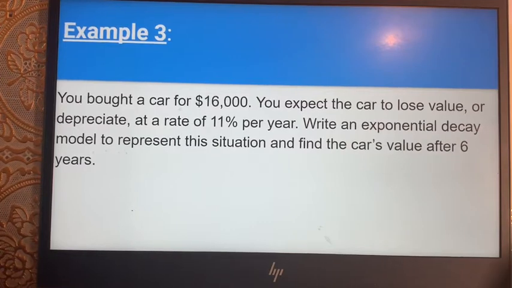Write an exponential decay model to represent this situation and find the car's value after 6 years. Okay, to do this, we are using the exponential decay formula we already established. Let me demonstrate this.